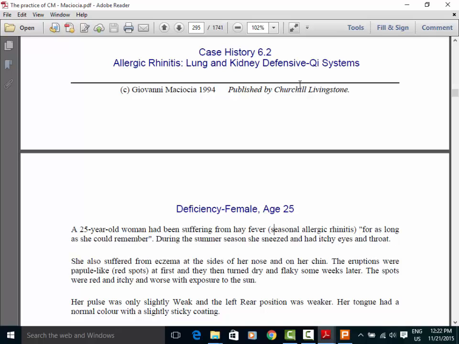Is there a need to nourish the yin? All of it is not excess heat. It's kind of a deficiency. Well, it's a long-term thing. She's had it as long as she can remember, so it was like a disease. What signs and symptoms of yin deficiency are there?